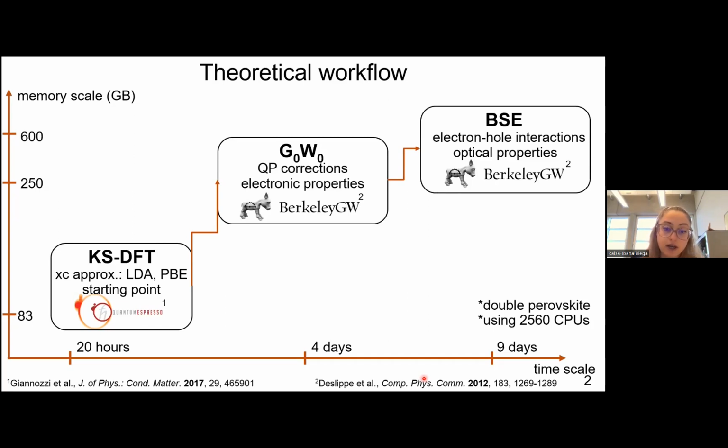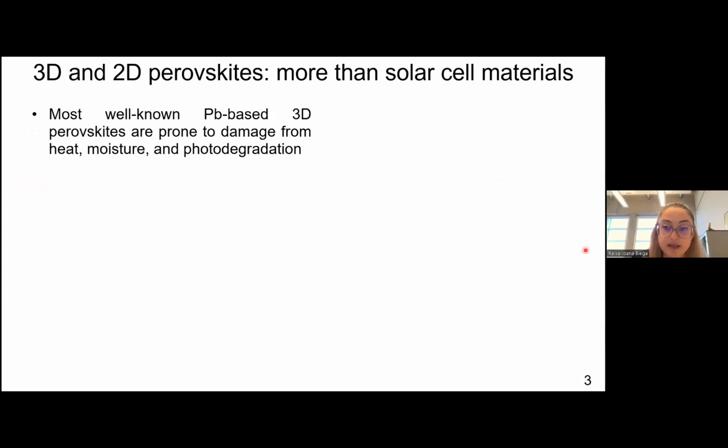So in total, if we add up everything, then a calculation to get an absorption spectrum for a material requires around 2 weeks of execution, basically on a lot of CPUs. Yes, so this is basically the background of everything that I'm going to show you today.